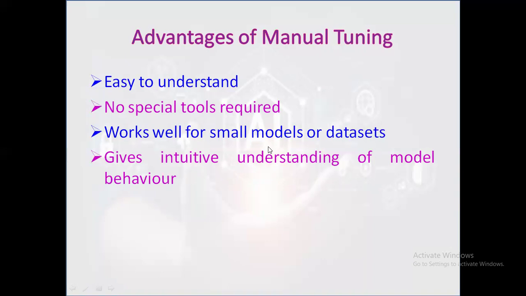When models are simple and the training time is short, manual tuning can quickly produce good results without the overhead of automated search. And it gives an intuitive understanding of model behavior. Since the researcher observes how each parameter change affects results, manual tuning helps build strong conceptual understanding of the model.